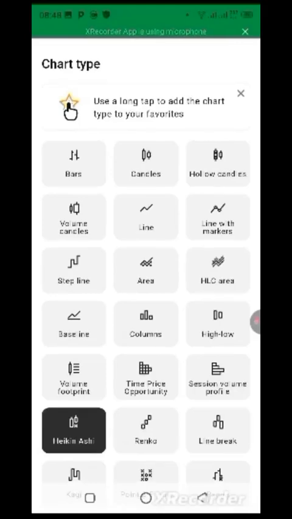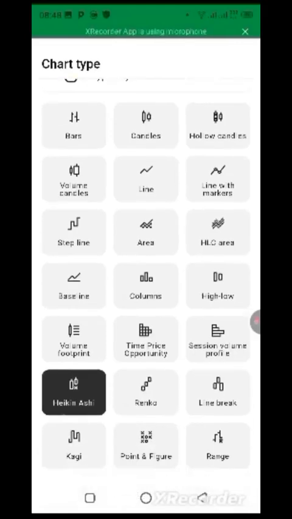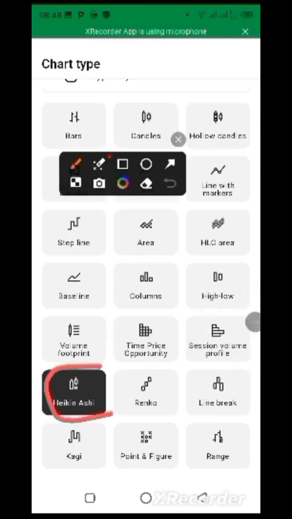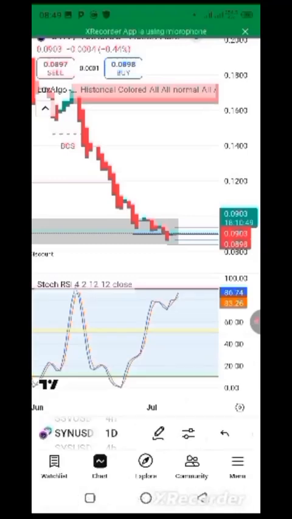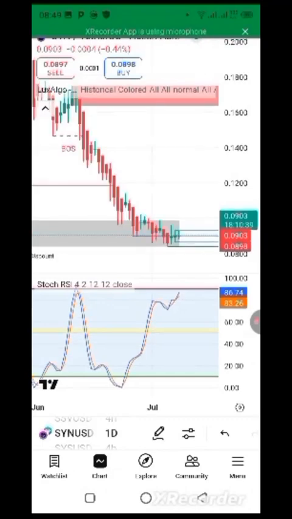When you choose chart type, look for Heiken-Ashi candles. Look for this one. It is called Heiken-Ashi candles. Now when you tap on Heiken-Ashi candles, they are going to appear on your screen like this, as they are. Okay, that is a simple formula.